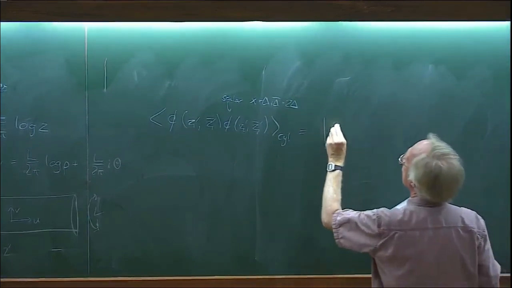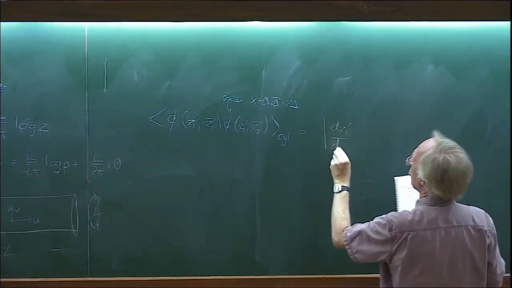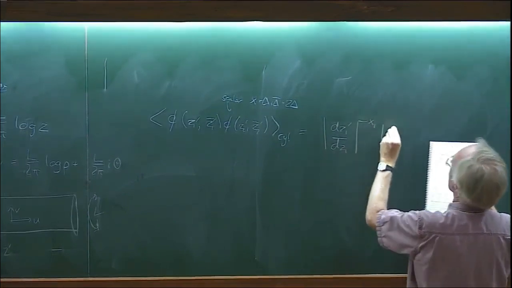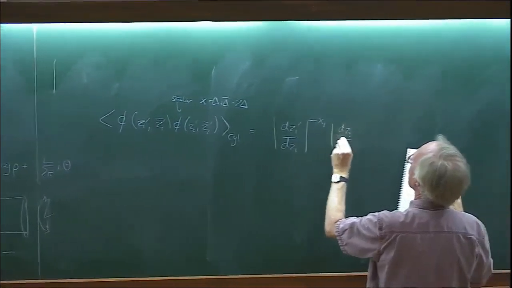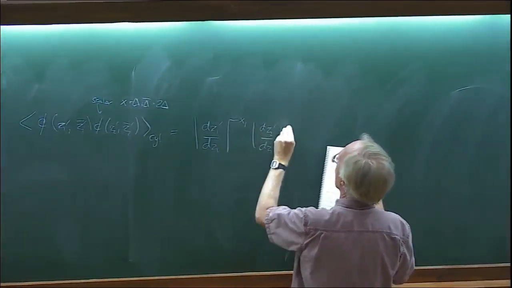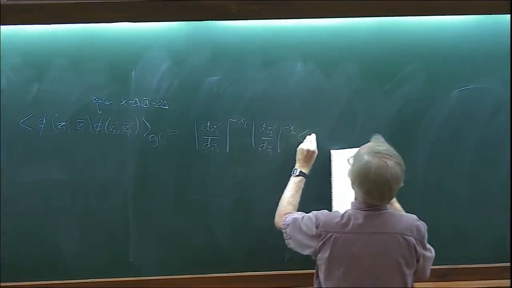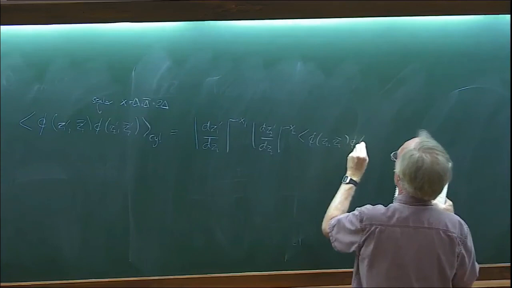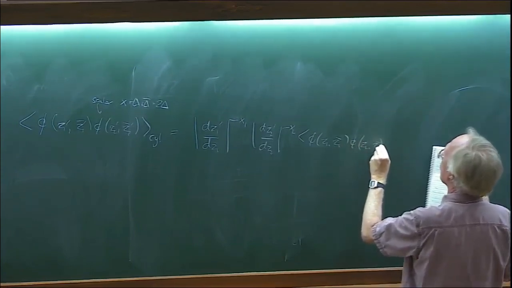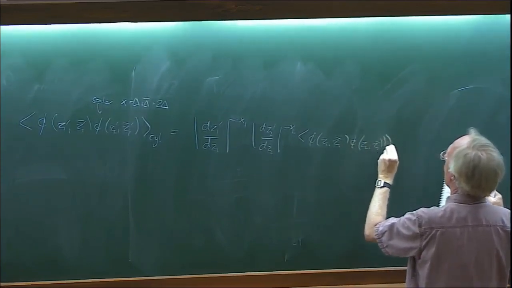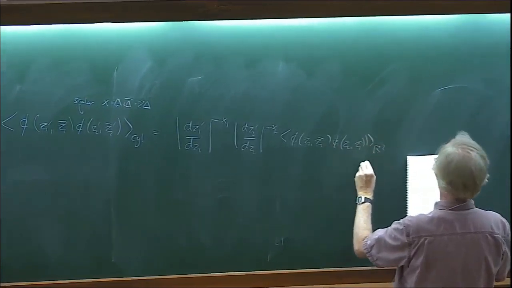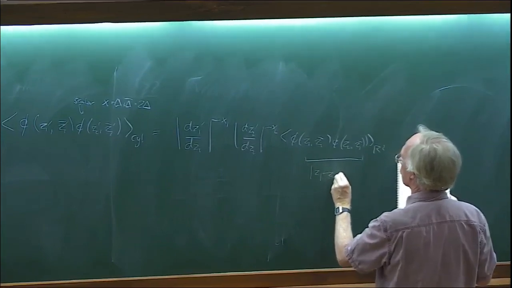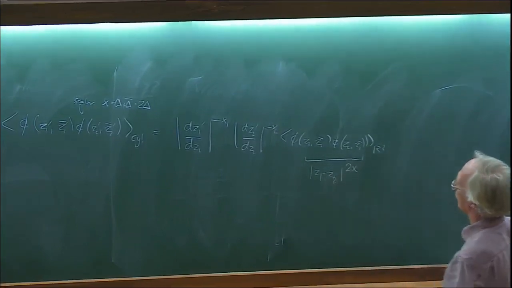So I have dz1' by dz1 to the minus x1, dz2' by dz2 to the minus x2 times the same correlation function, but in the plane, in R2. But this, we know what this is. This is just the modulus of z1 minus z2 to the minus 2x.